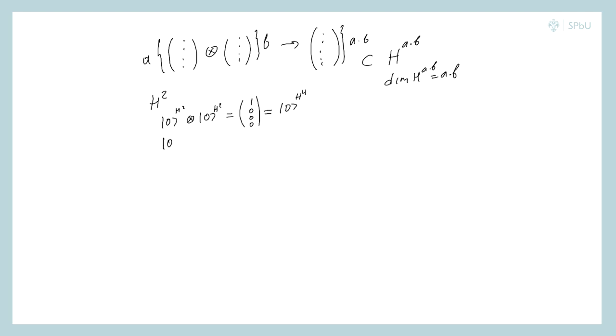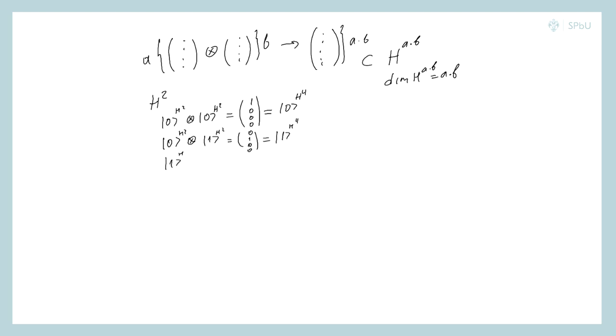And state 0 of H2 multiplied by state 1 of the other H2 is 0, 1, 0, 0, and we denote it as the state 1 of H4.